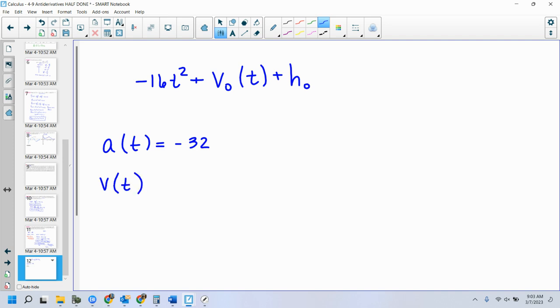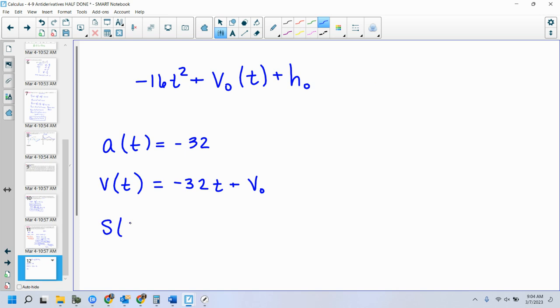So the velocity function would be negative 32t plus c. But isn't that c our initial velocity? That's v sub 0.